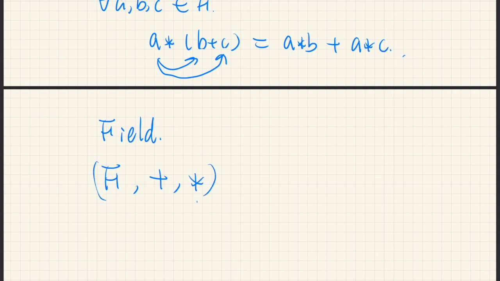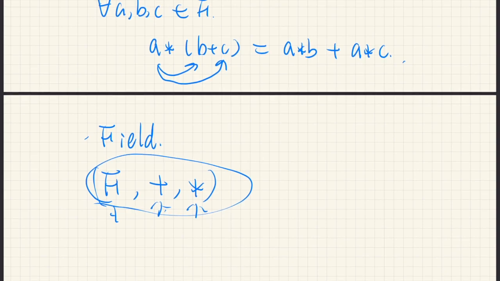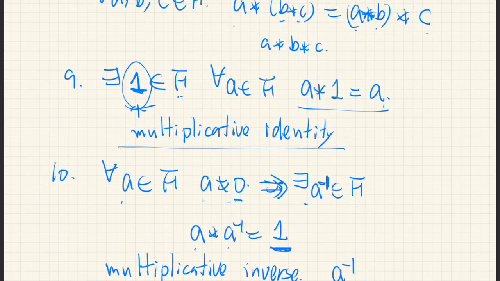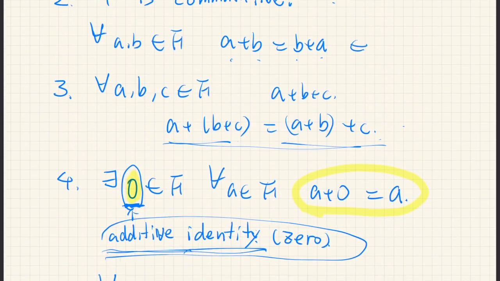Sometimes we call this triple, F, plus, and star for multiplication, a field. But unless otherwise stated, we just say F is a field, which implicitly says that there are two operations that satisfy these axioms.